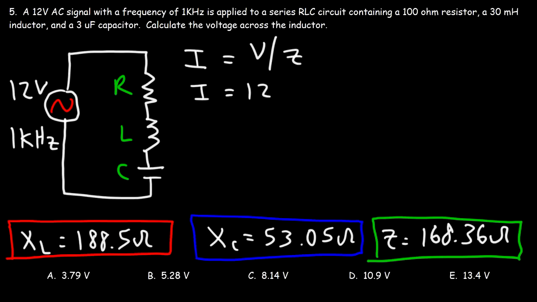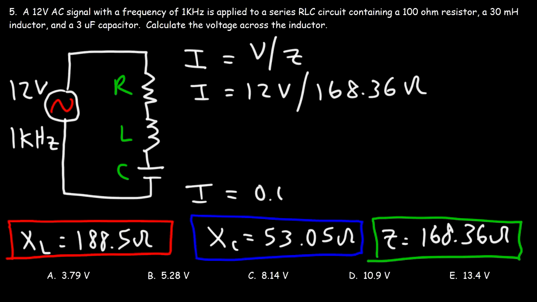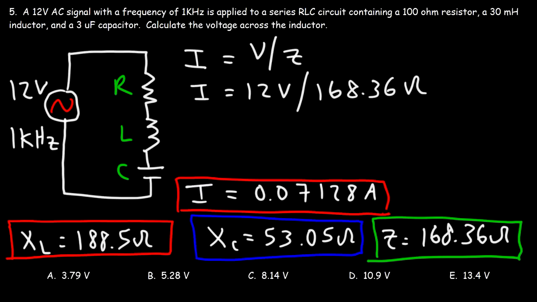So we have a 12 volt AC signal, and we're going to divide it by 168.36 ohms. And so the current is going to be 0.07128 amps.